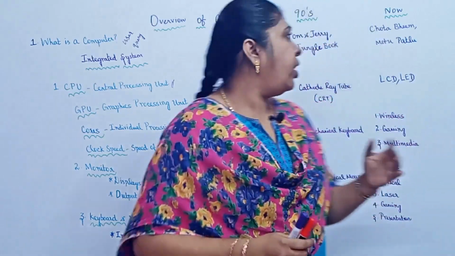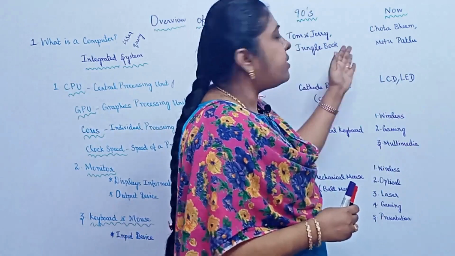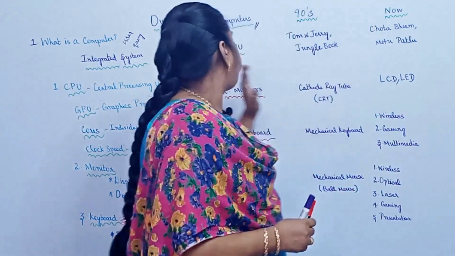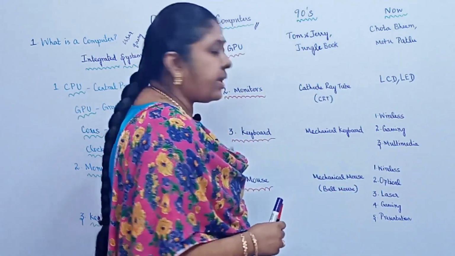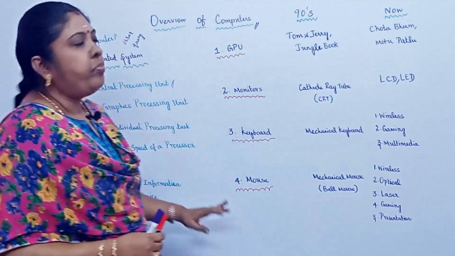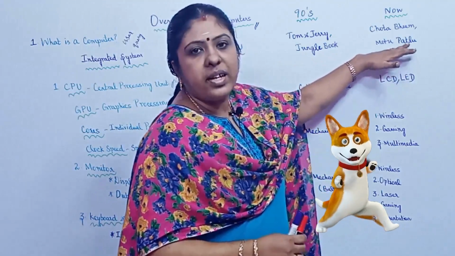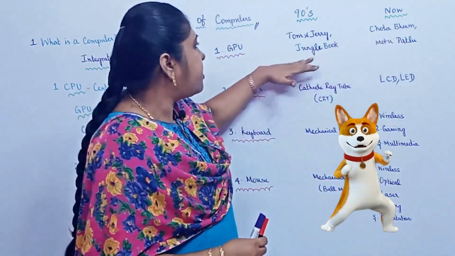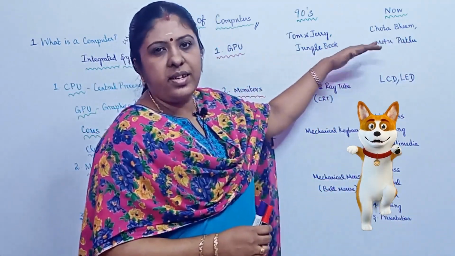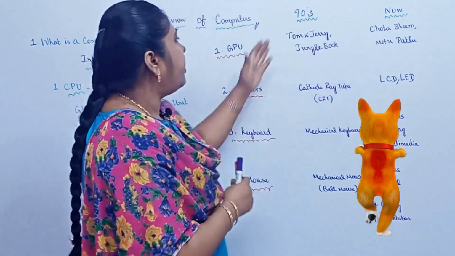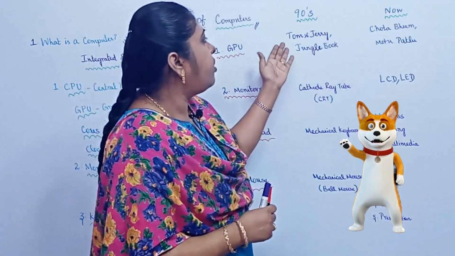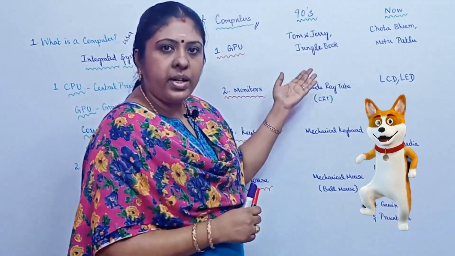And now we are moving on to the 90s and now, that is the GPU, monitors, keyboard and the mouse. In the GPU, I have represented just animated series that we had enjoyed. This is not the only type, just a series as a small remembrance. In the 90s, we would have enjoyed Tom and Jerry, Jungle Book animated series.